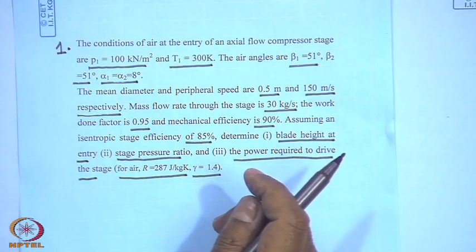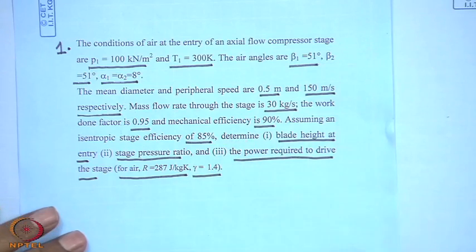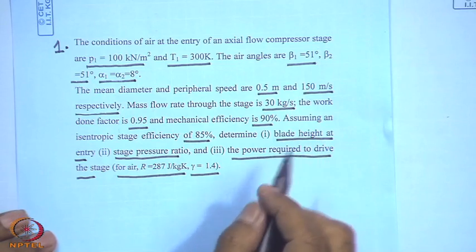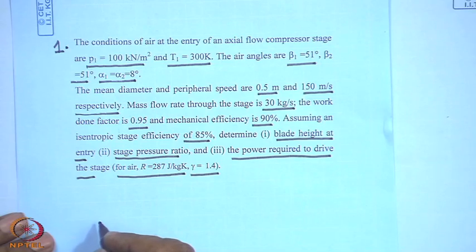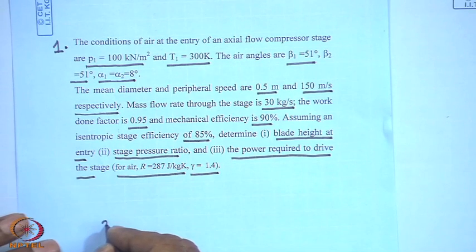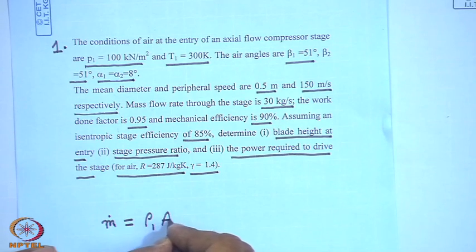Now, to find out the blade height at entry, first of all you have to understand that it is the geometry blade height, which is basically related to the area at the inlet. Therefore, we write the equation of mass flow rate: rho 1, the inlet density, the area at inlet, and the velocity of flow, which is the same throughout.